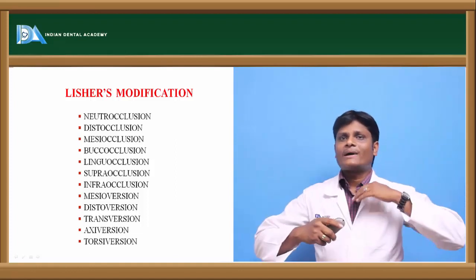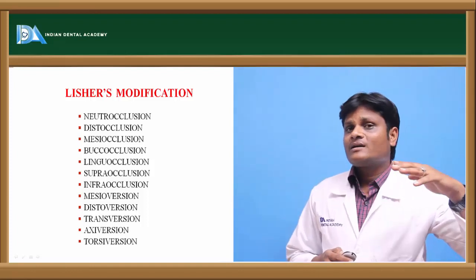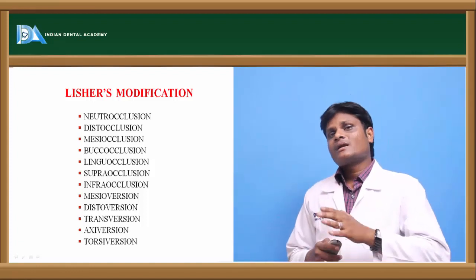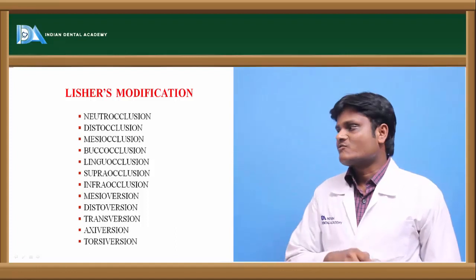It depends whether the maxillary permanent molar or premolar are more buccally placed, or whether the mandibular ones are more buccally placed with respect to the maxillary. It depends upon the clinical situation.